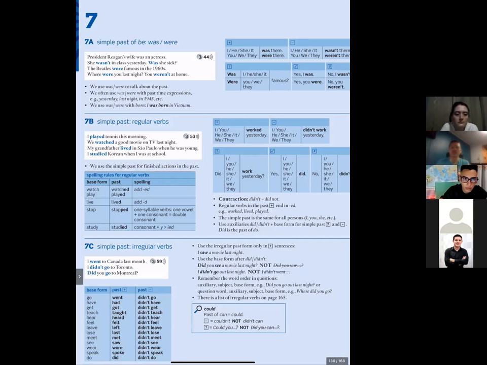Hay una regla para pronunciar los verbos regulares en pasado. En este caso, significa que ya no es ver, sino vio. Entonces, por ejemplo, yo puedo decir, I watched a movie yesterday. Was it yesterday? Yes, I think so.